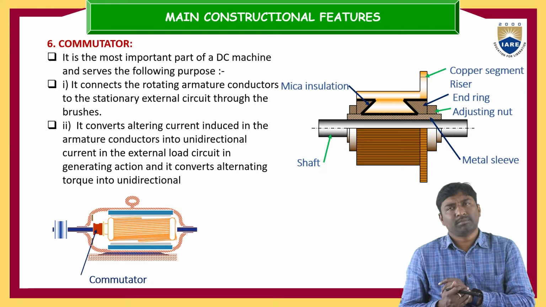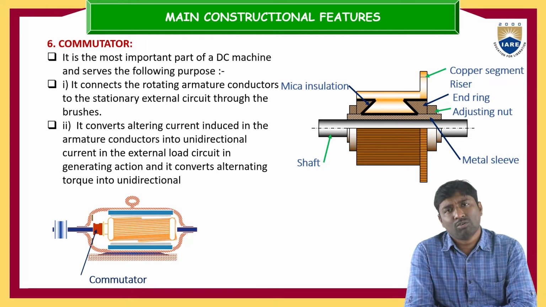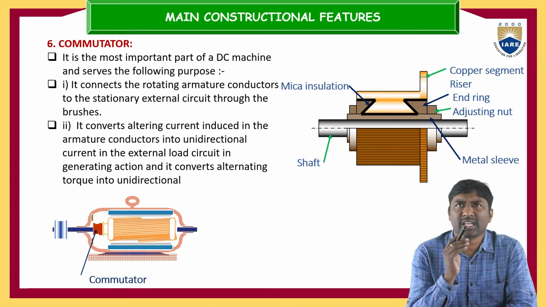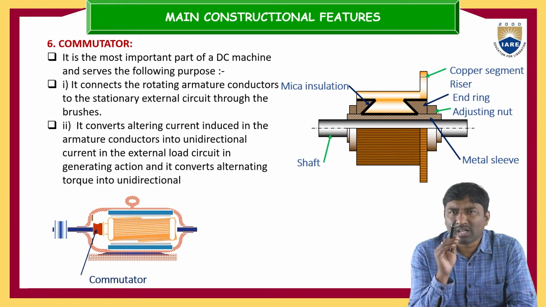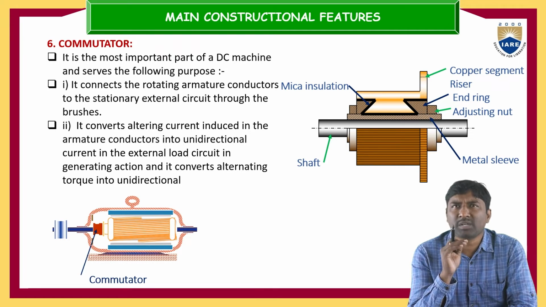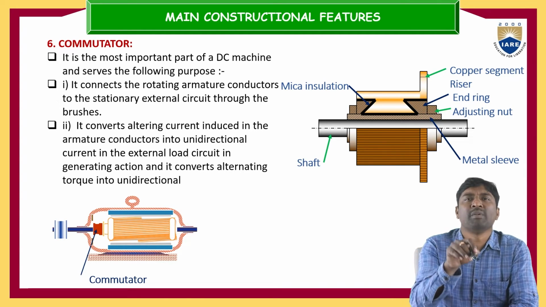So next is the commutator. We discussed already, the AC machine is similar to the DC machine. Coming to the commutator, it is the most important part of the DC machine. The purpose of the commutator is to connect the rotating armature conductors to the stationary external circuit through brushes.